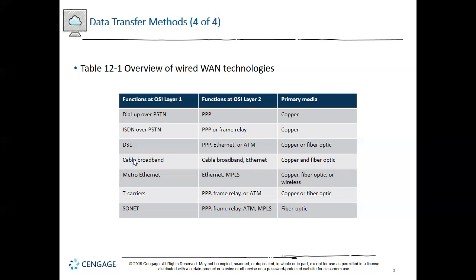Cable broadband, we used to have coming into people's houses a cable, like a coax cable, which was bringing something maybe from a satellite down the road or even on a roof, or could have just been there with the telephone company connection coming into our house. That's not too much nowadays, I guess. Should have my Metro Ethernet.